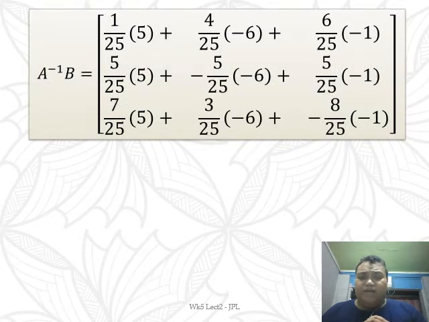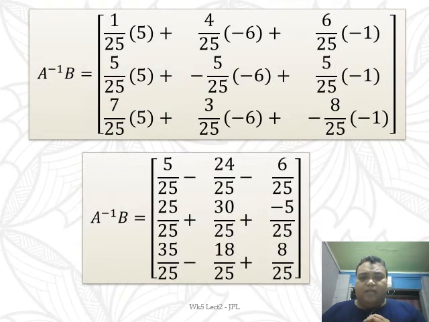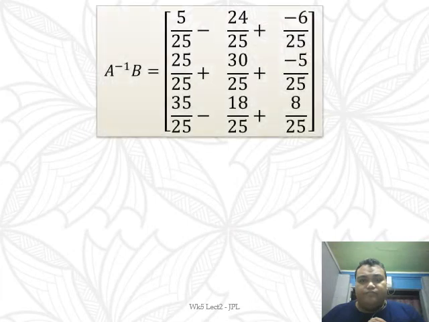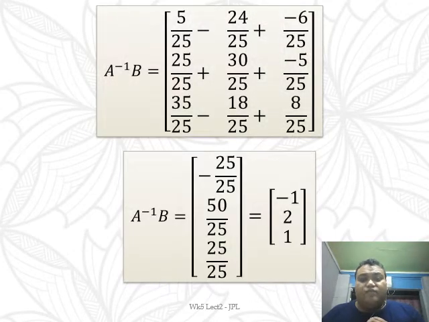You simplify, and then you have to add all of them. I didn't simplify here because of the common denominator, so it will be easy for you to add or subtract their numerators. So 5 minus 24 minus 26 gives negative 25 over 25.